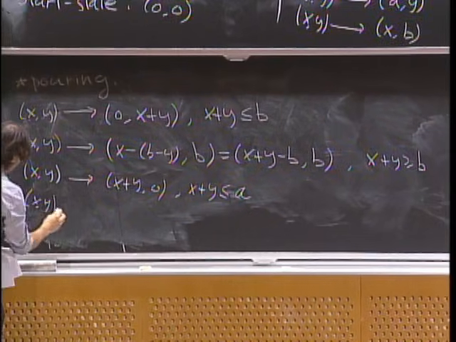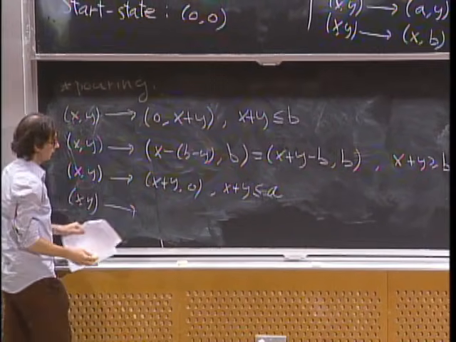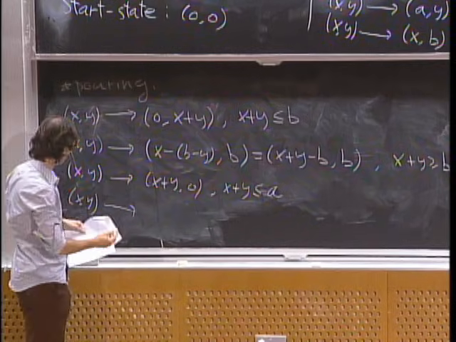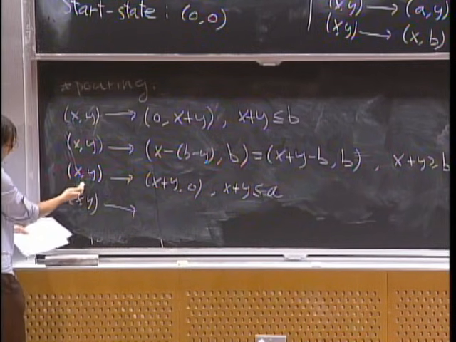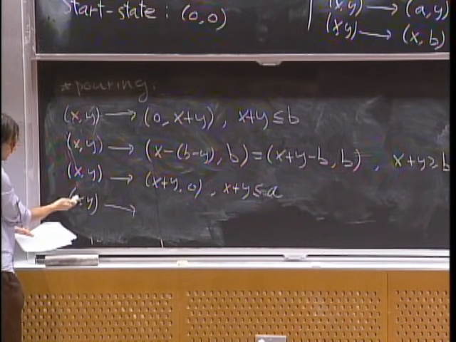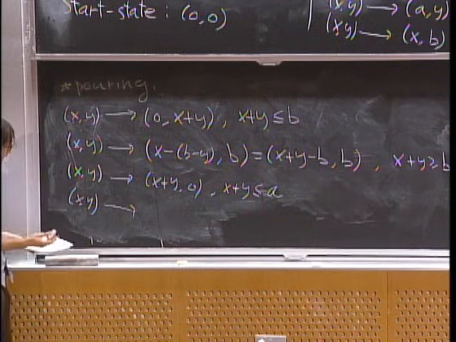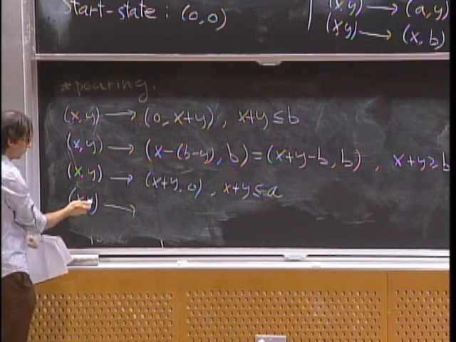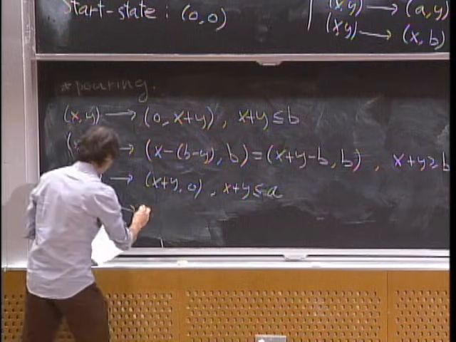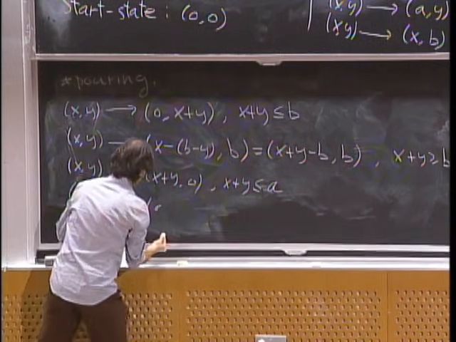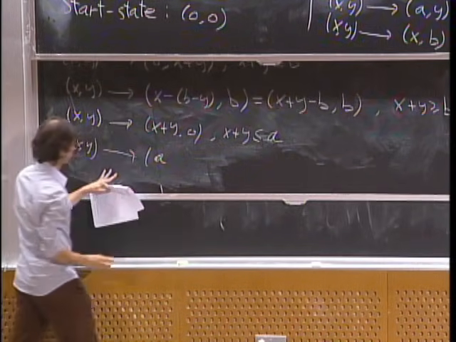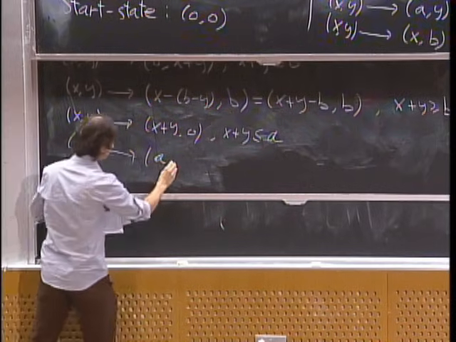The other possibility is where, exactly as in this case, we can only pour a minus x gallons over from y into this particular jug. And then this one is completely filled up, and I have a few gallons left over here. So how does that look? Well, we completely fill this up to its capacity.